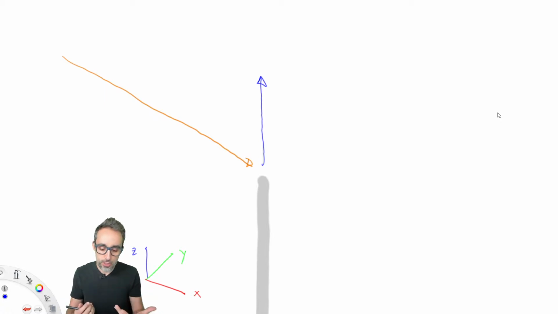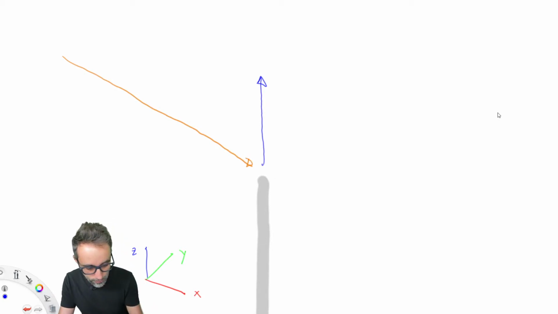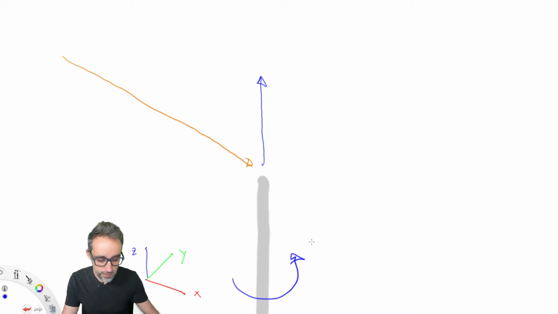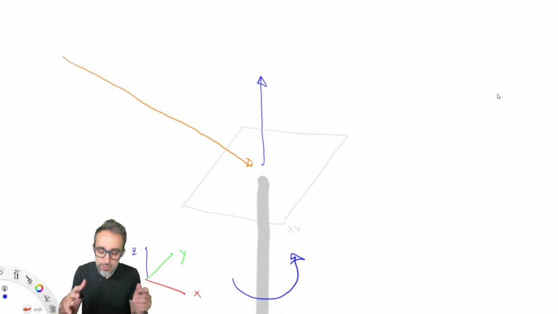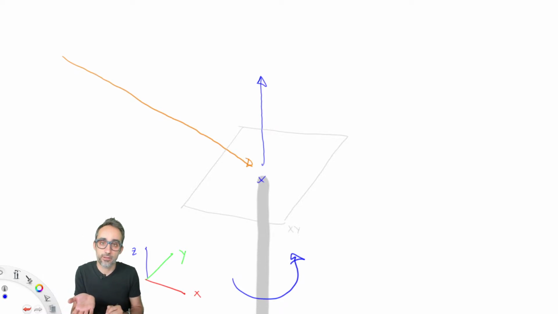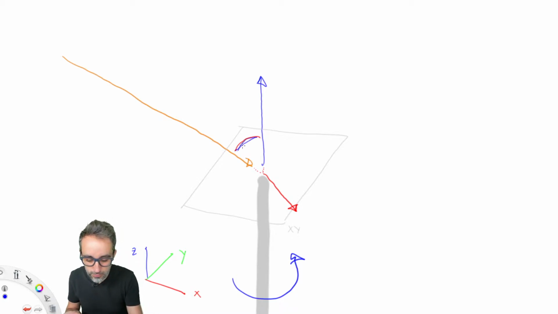Okay? Now, the first angle that we want to find is the angle of rotation of the mast, like this, because we know that this is the first servo, one of the motors that the panel has. What we want to do is figure out, in an imaginary XY plane centered here at the tip of the mast, a vector that is perpendicular to the plane formed by these two vectors.